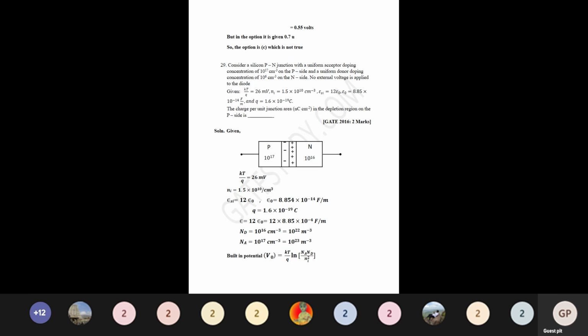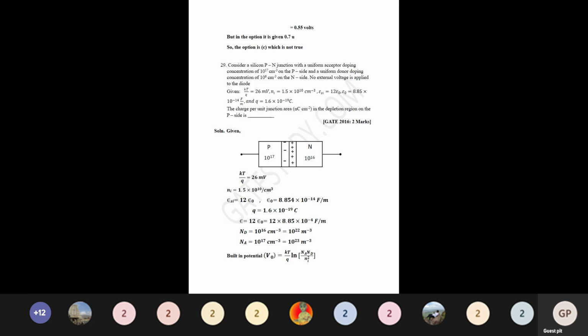Epsilon of silicon is equal to 12 into epsilon naught, where epsilon naught is equal to 8.85 into 10 to the power minus 14 F by m, and q value is 1.6 into 10 to the power minus 19 C. The charge per unit junction area in the depletion region on the P side we have to calculate.